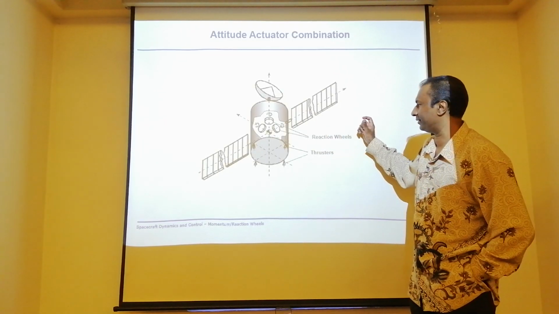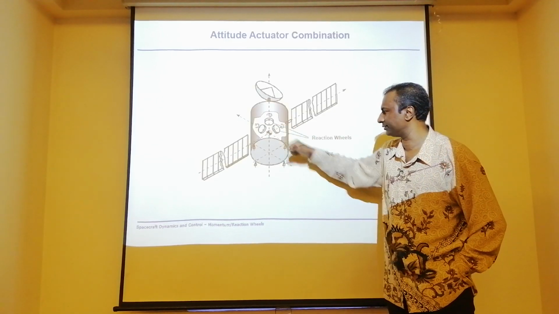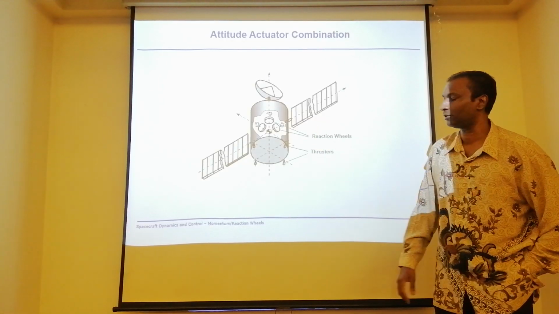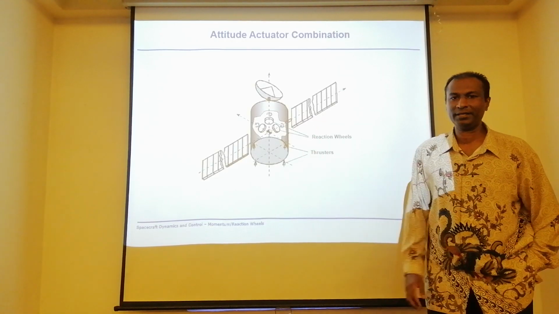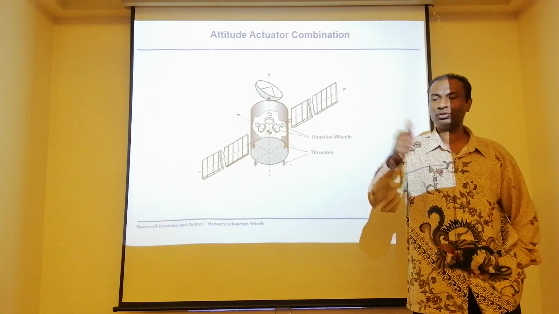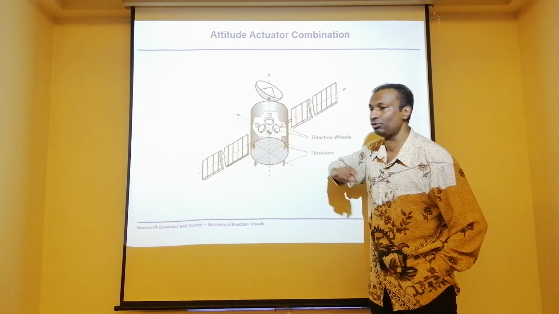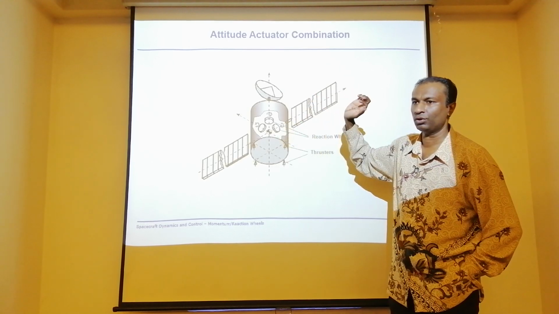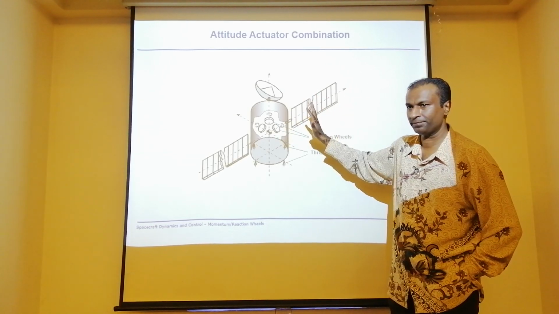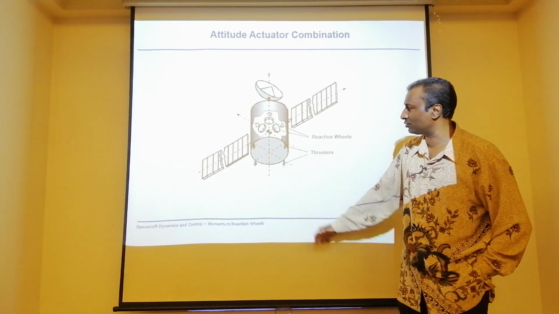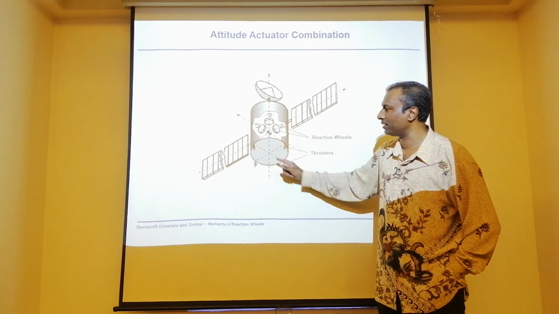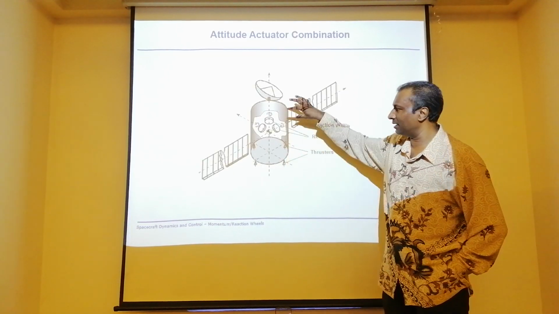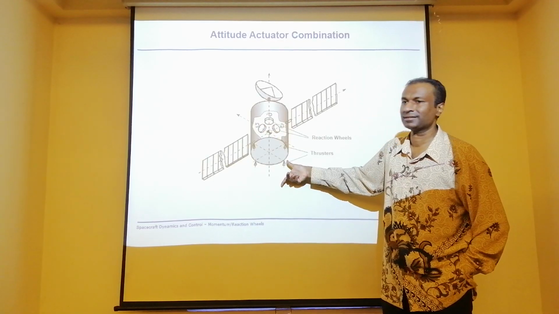Now let's say I have a reaction wheel. Let's say I have 3 reaction wheels. I have thrusters. By looking at this combination, I know this satellite should be able to do attitude control, because I have 3 wheels in roll, yaw, and pitch, and I know for a fact it should be able to do orbit control because it has thrusters: rotational motion, translational motion.